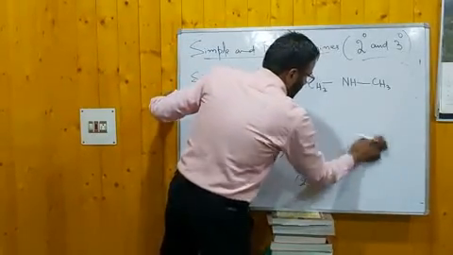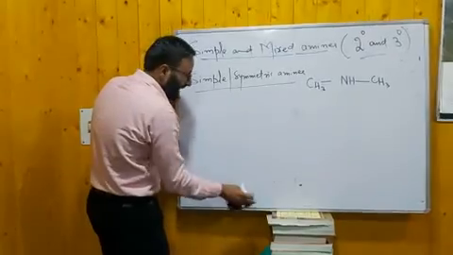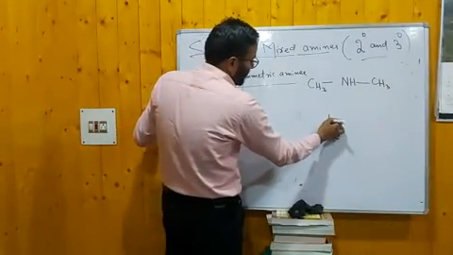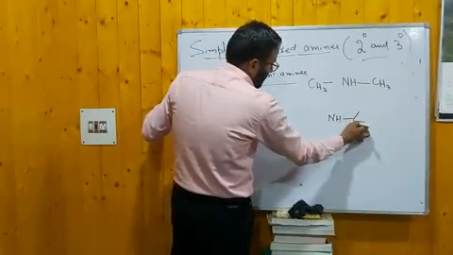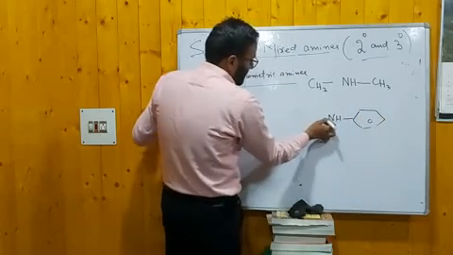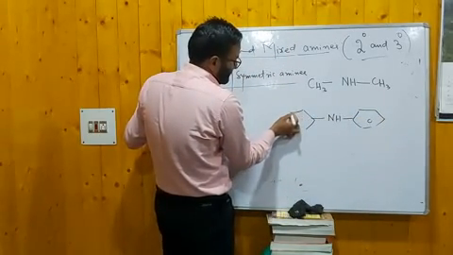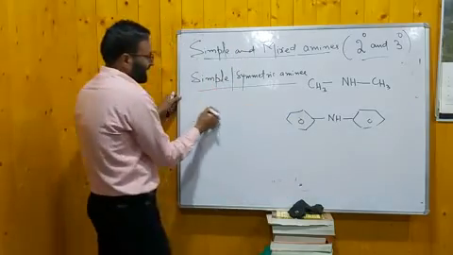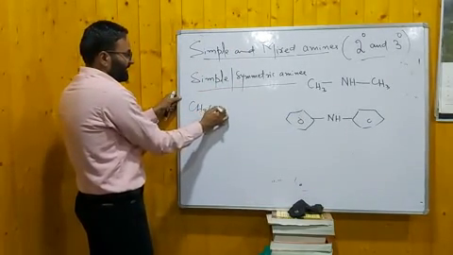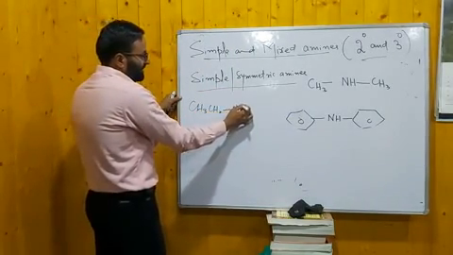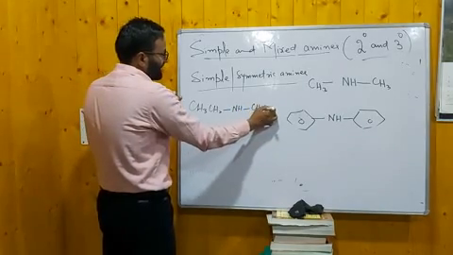When both the R groups are similar, for example, you will have NH, I will take here the benzene ring, and here it is also the benzene ring. I will take another example: you have ethyl, NH, and you will have also another ethyl group.